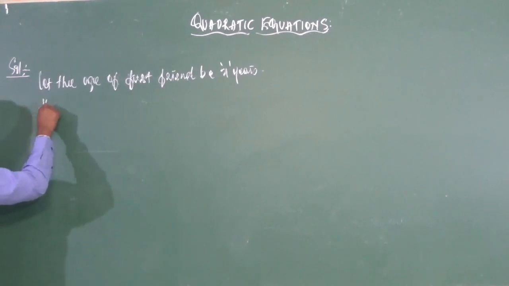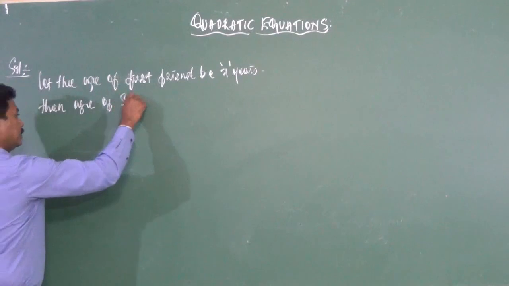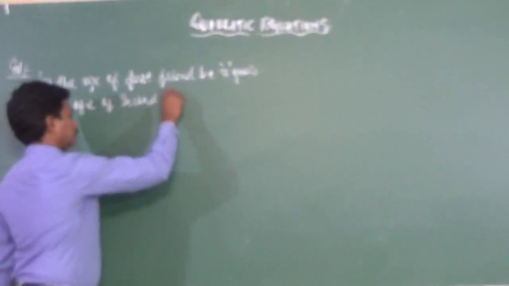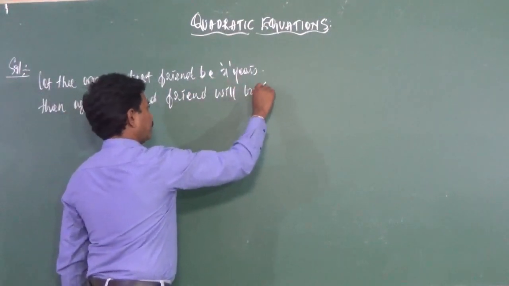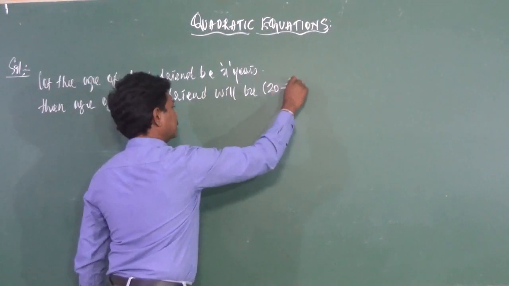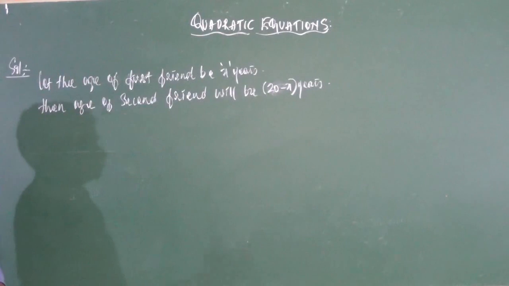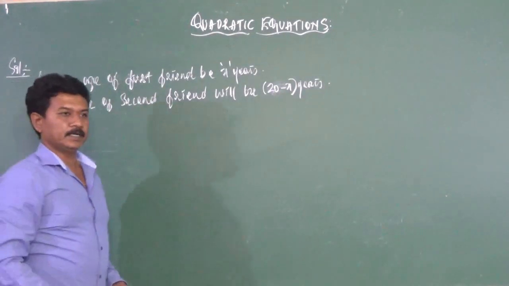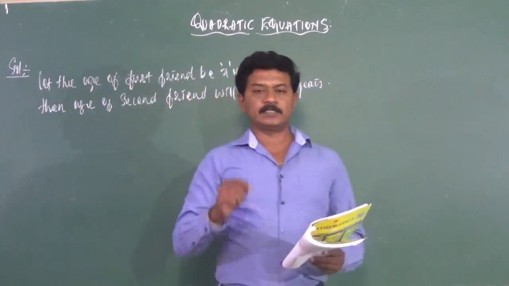Then age of second friend will be 20 minus x years. Out of 20 you have to remove the age of the first friend, then you will get the age of the second. Right.